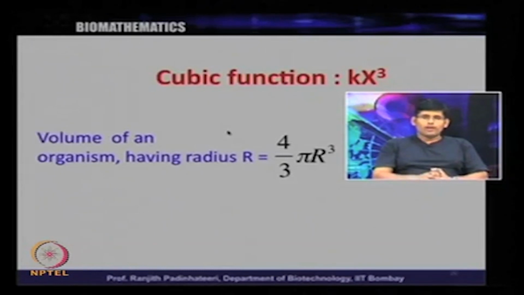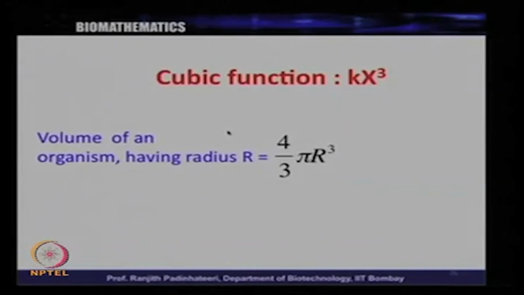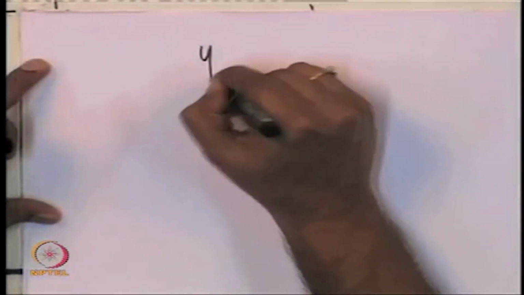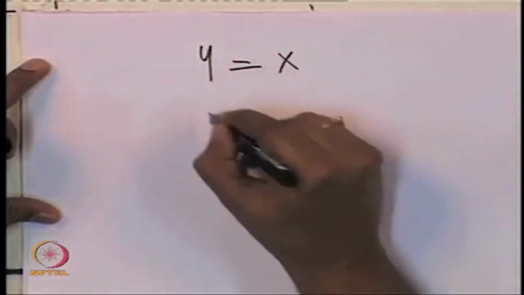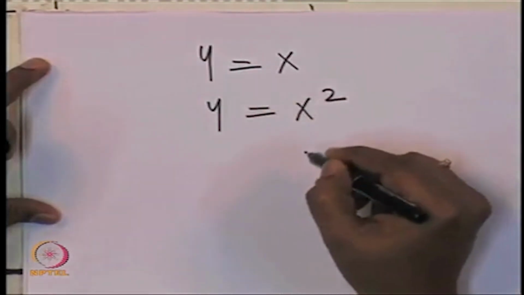and you could also imagine various combinations of all these functions. So, you could define a new function which is x plus x square. Let us have a look at this new function here. y is x is what we learned. We also learned y is equal to x square.